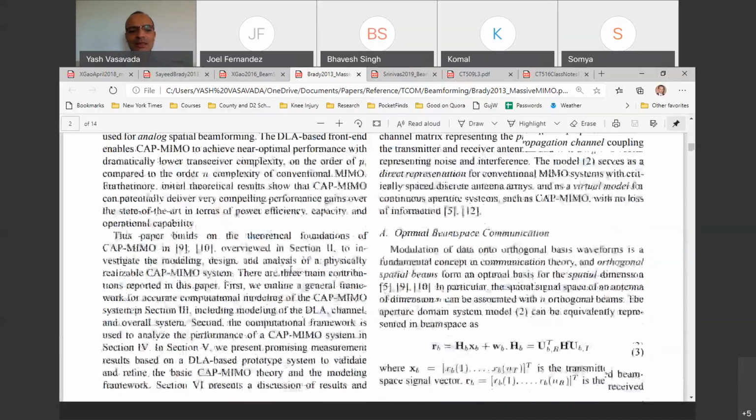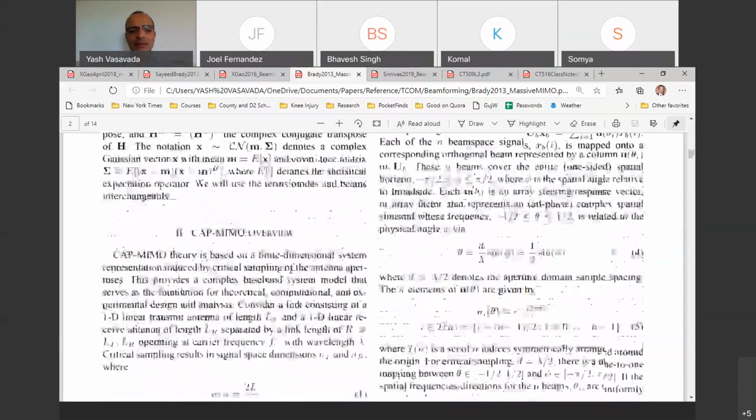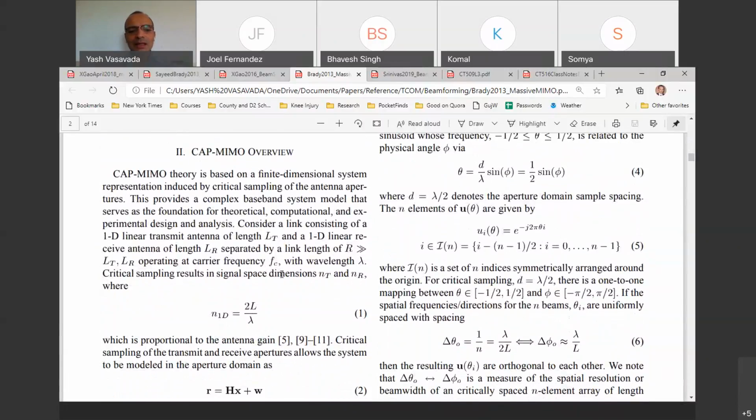And what they are saying is that if I take that antenna and if I physically sample the antenna at certain spacing, then it will be as if I have the uniform linear array, 1D linear array, which we have called uniform linear array.